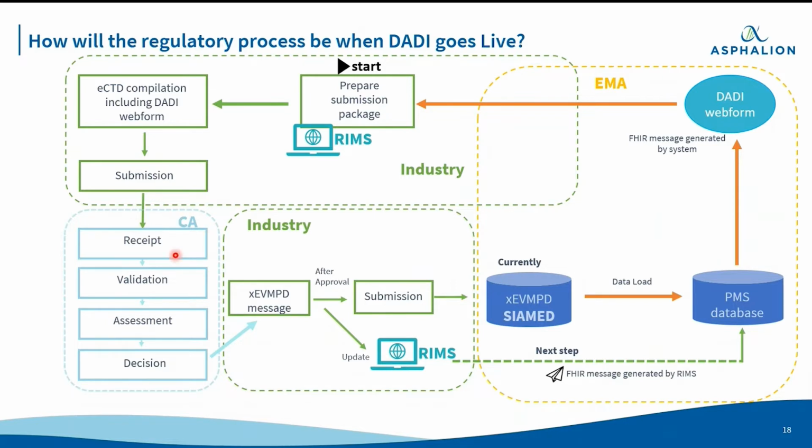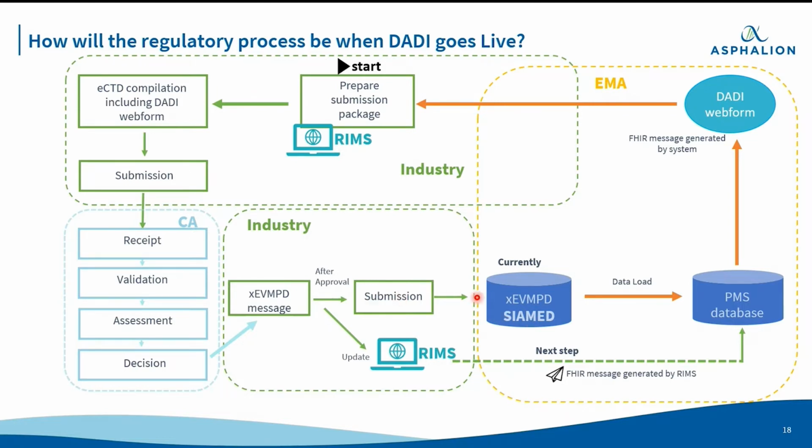And when it goes to the validation, assessment, and decision steps from the competent authority, then of course you have to keep this XEVMPD message for now and send it. And currently, this is what we do and we have to keep doing.